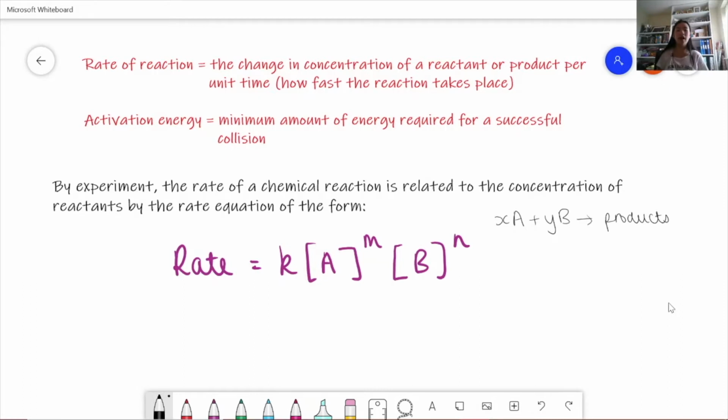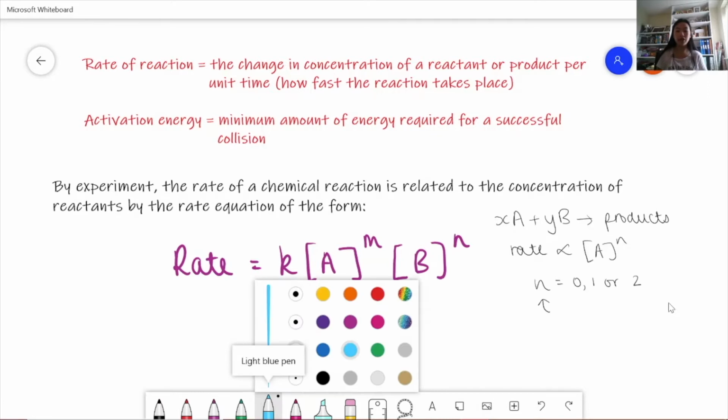And so what we have is actually that the rate is directly proportional to the concentration of A to the power of n, where n is equal to 0, 1 or 2. And this power we call the order of reaction.